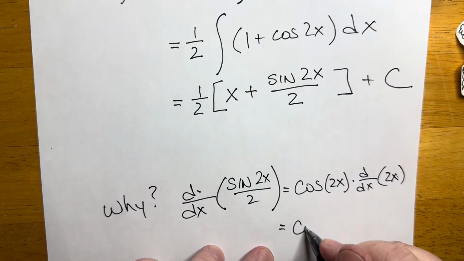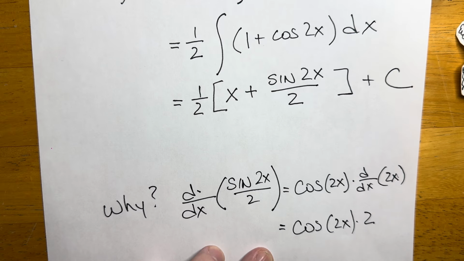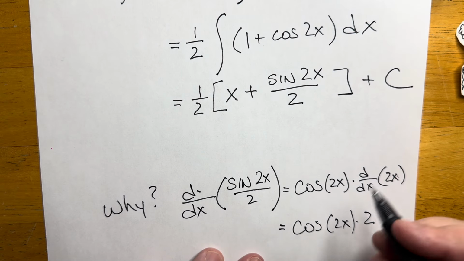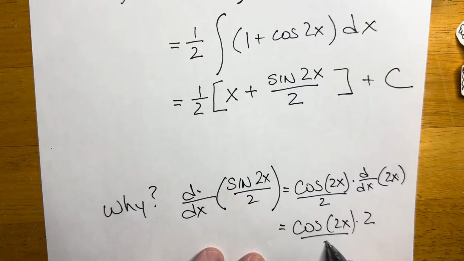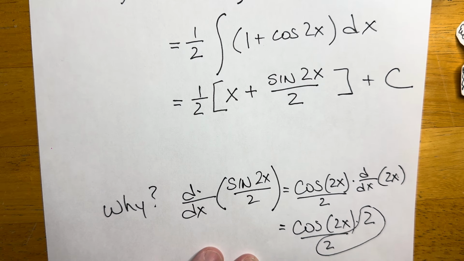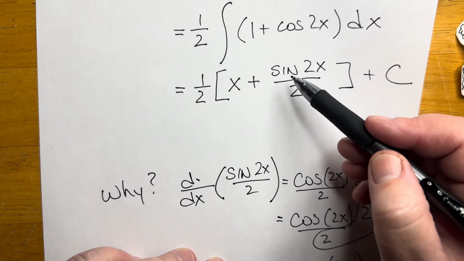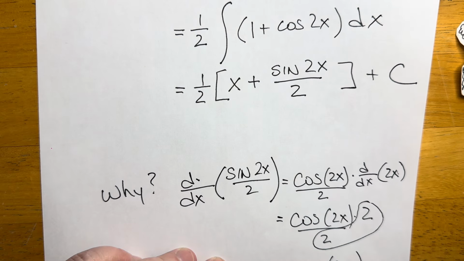And that's going to be the cosine of 2x times 2. So as long as it's over 2, these two cancel, and I get just the cosine of 2x. So when I integrate cosine of 2x, I get sine of 2x over 2. The same way you do with the power rule.